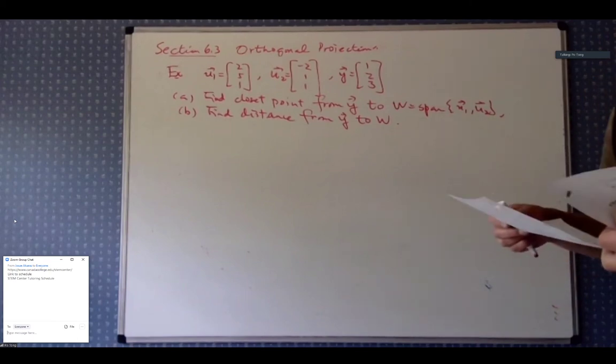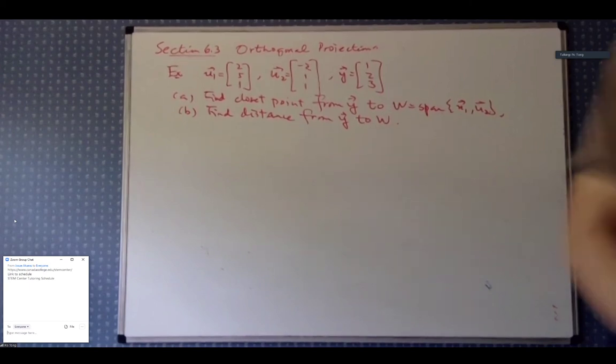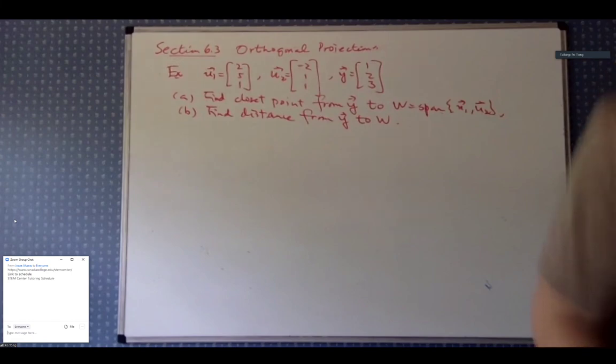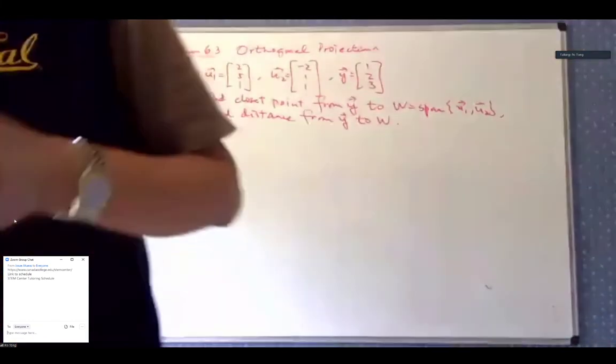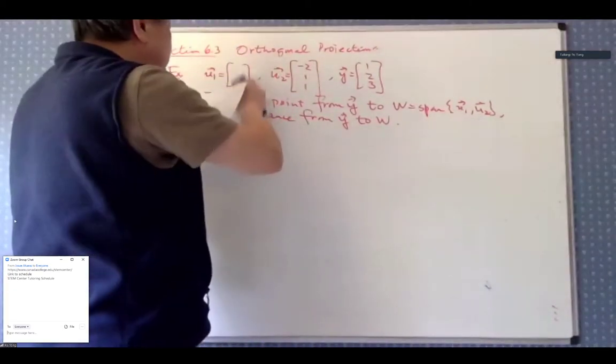Oh, is that the same example I did earlier? Let me do a different example. This turned out to be exactly the same example I did earlier. So I'm going to change these numbers here.